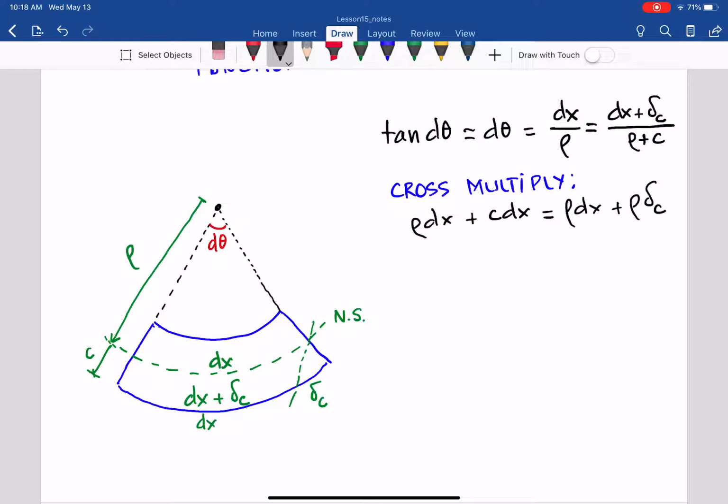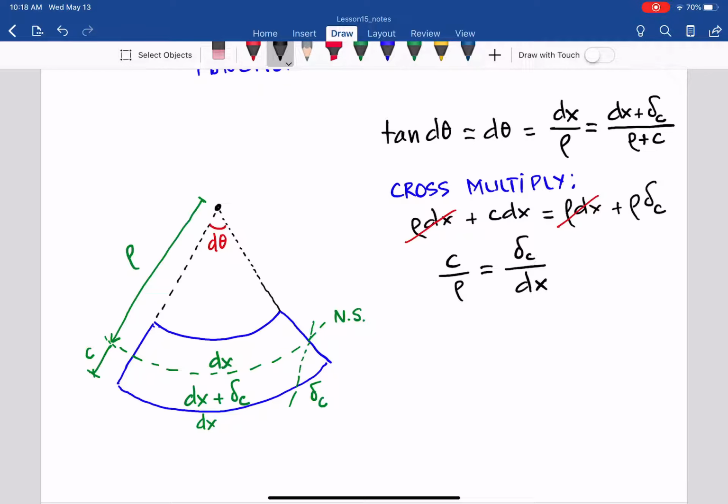So we can cancel these out, and then we can divide. So we have the equation c over rho equals delta c over dx.